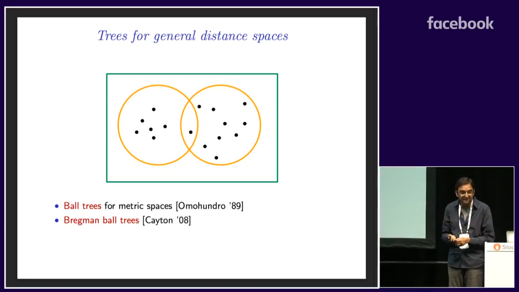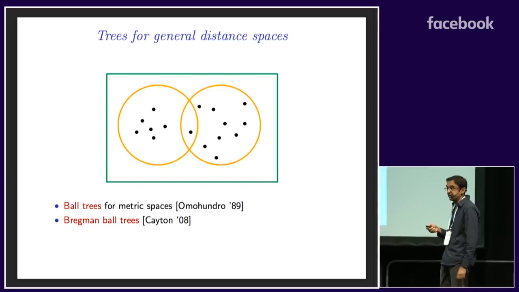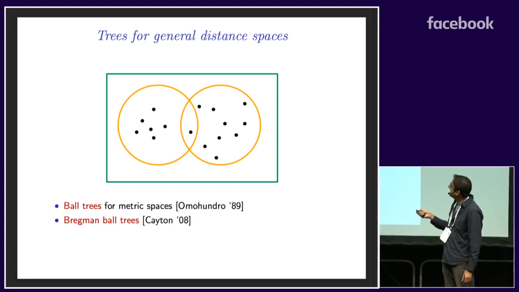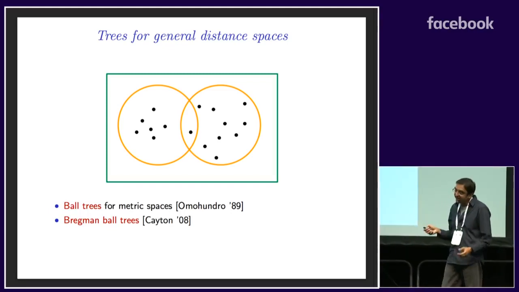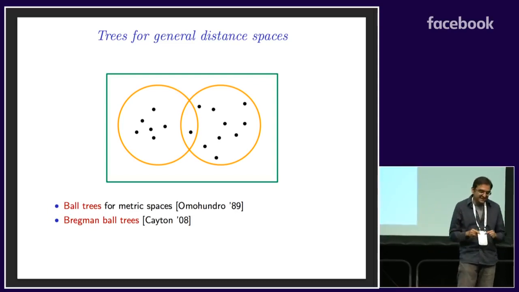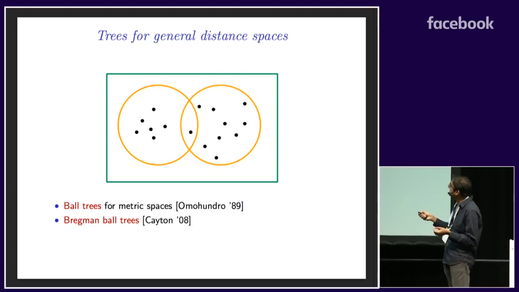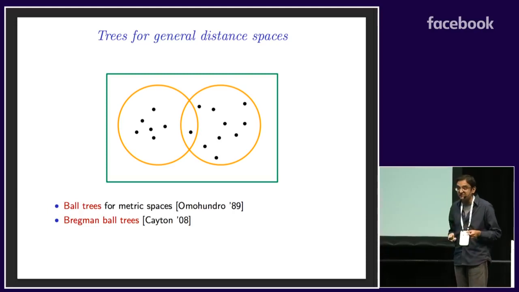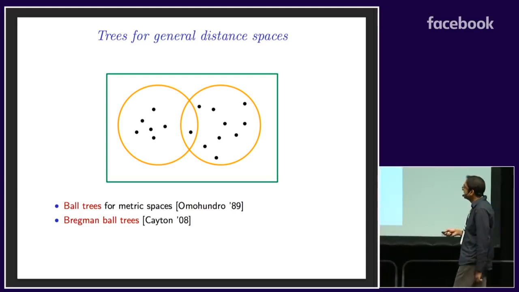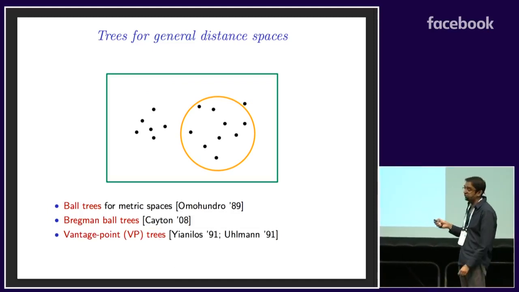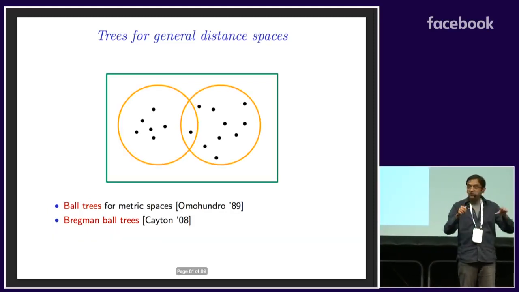So they include the KL divergence, squared Euclidean distance, a whole bunch of other distance functions that arise naturally in statistics. And people have shown that these kinds of distance spaces have enough nice properties to actually permit data structures of this kind.